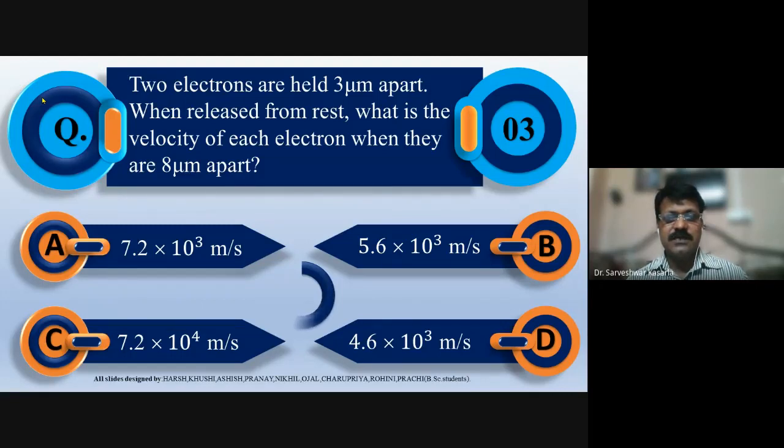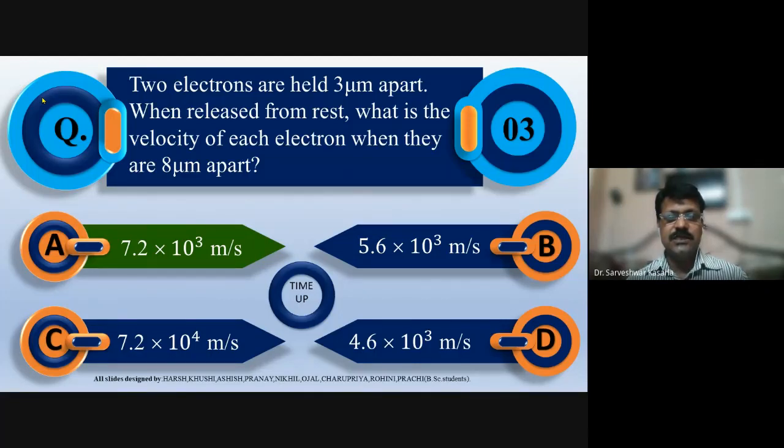And here we have to find the velocity when they are 8 micrometer apart. The problem is a little bit lengthy, but you may try that. The answer comes out to be 7.2 into 10 to the power 3 meter per second.